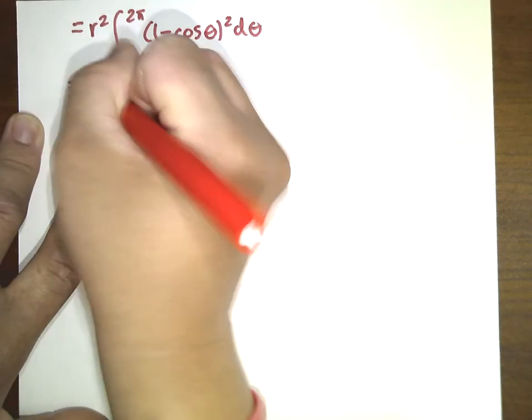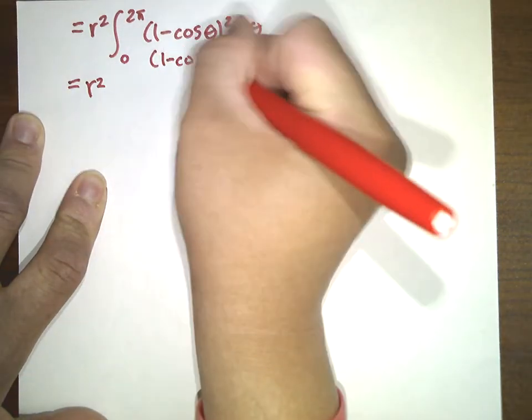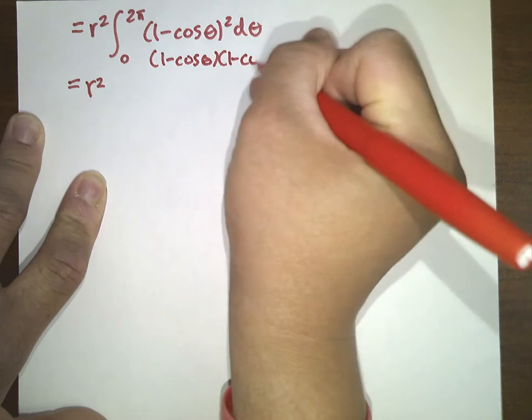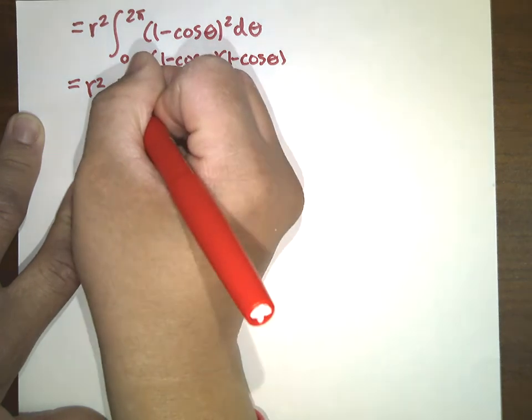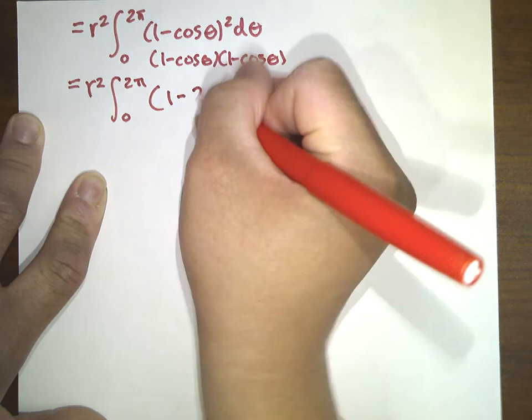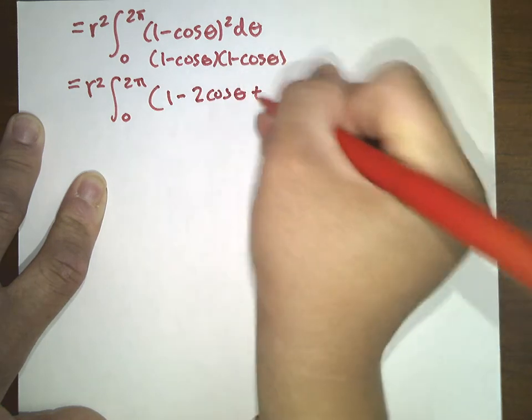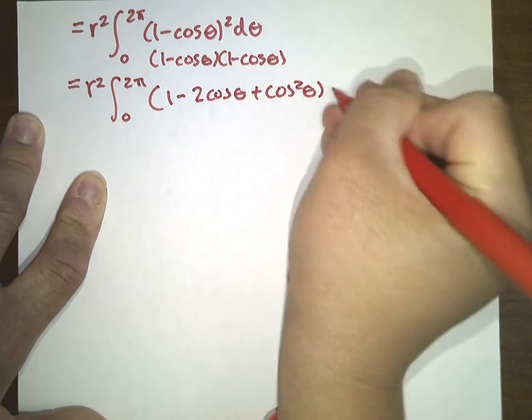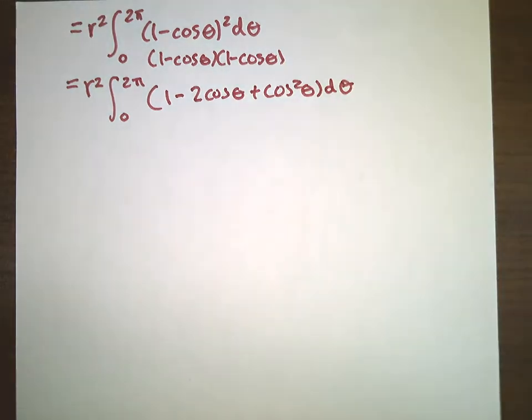So that will be r squared, and then this 1 minus cosine of theta times 1 minus cosine of theta. So times the integral from 0 to 2 pi of 1 minus 2 cosine of theta plus cosine squared theta d theta. And then I will realize that I need to do each of these integrals separately. So which one will be the easiest?